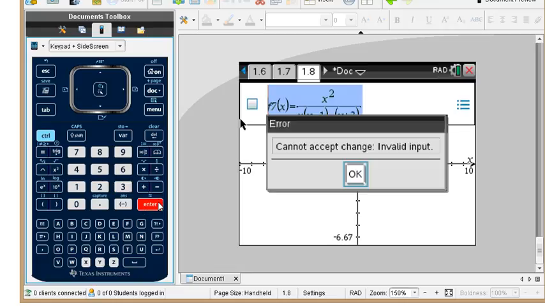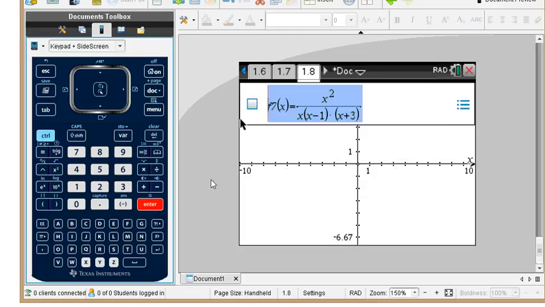Press that. Oh, cannot accept change, invalid input. Well, I did this on purpose. Your TI Inspire calculator, it's a great calculator, but sometimes it'll recognize variables as text.